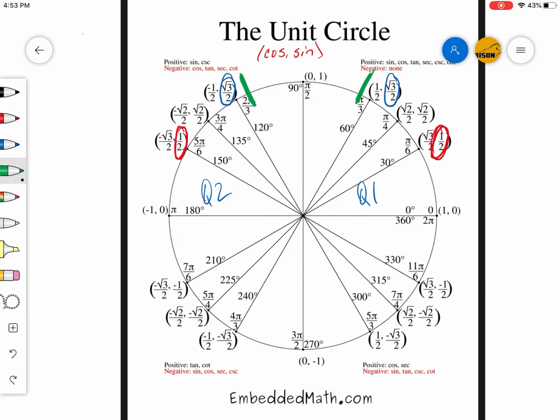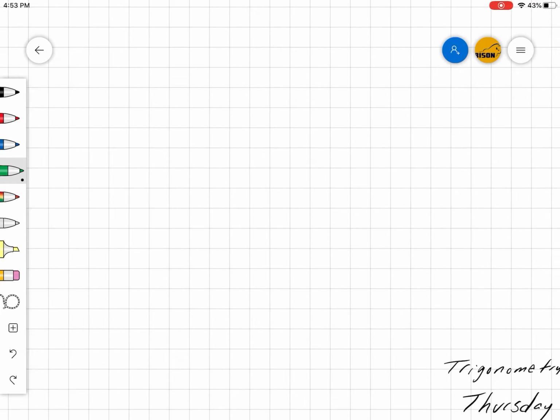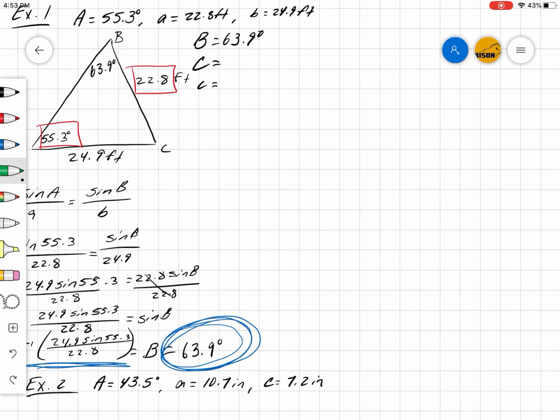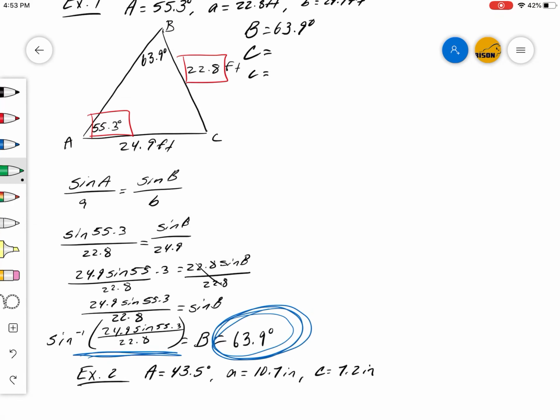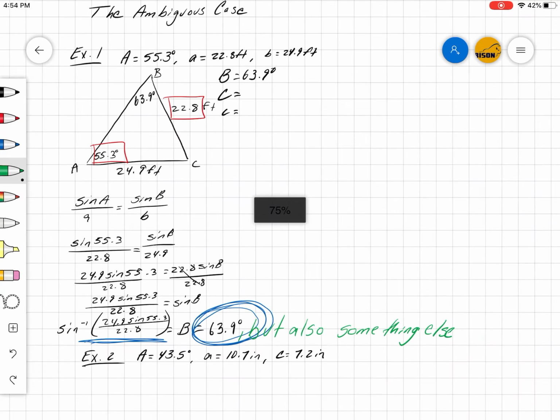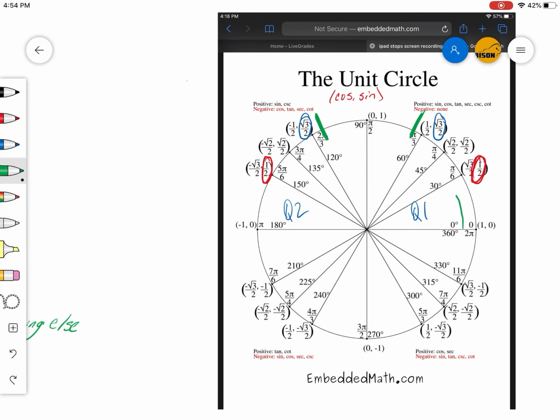So what I'm trying to get at is sine inverse. Hang on, let me find my problem. Sine inverse is not only 63.9, but it's also something else. We're going to figure out that something else by figuring out what the alternate location is on the other side of the unit circle.